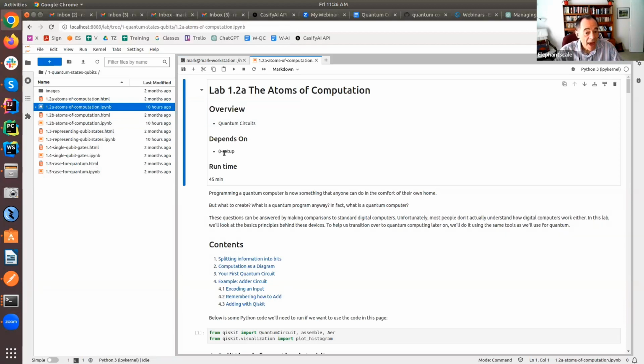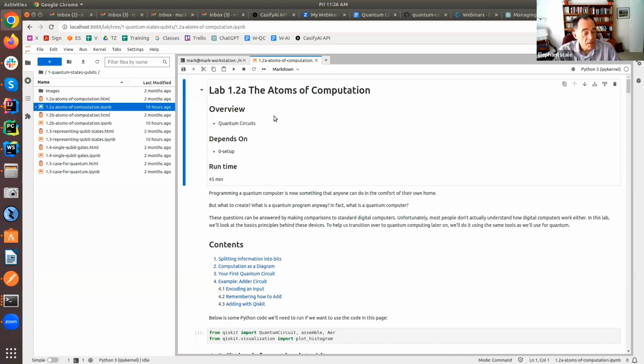Now, you may have run through this lab, or you may have not. And the way I did it is I used the IBM course. They have the course, but they had some buts. First of all, I wanted that to run in my own environment, and with them, you run it in their environment.